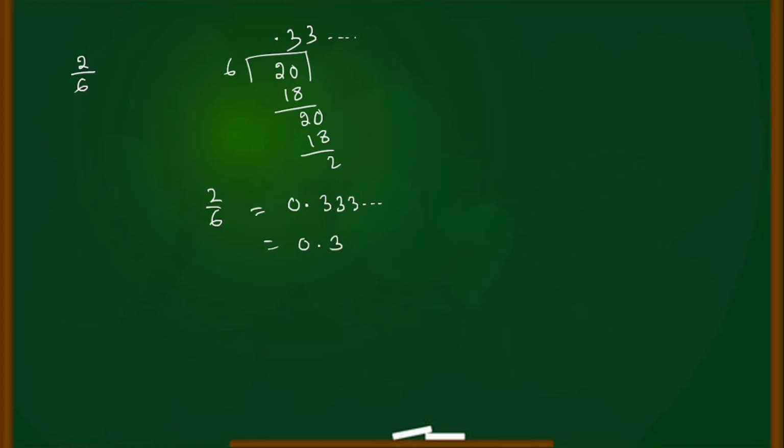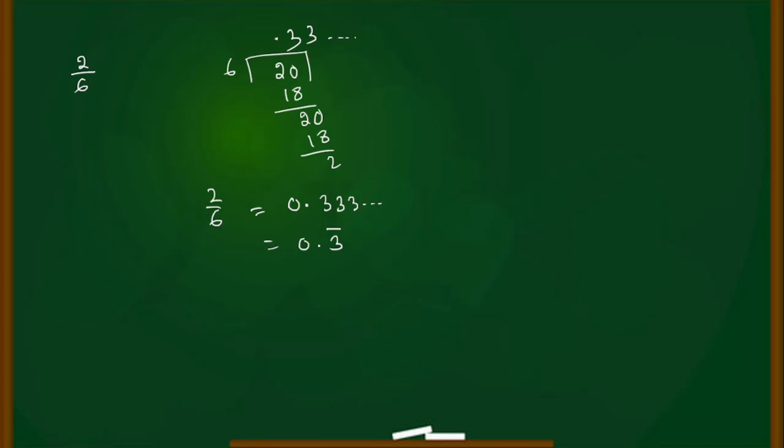Simply write 2, then 6, first put the point or decimal, that is 20, 6 3s are 18, again 2, 20, 6 3s are 18, again 2, meaning 3 will be repeated, so we can write 2 by 6 equal to 0.333 dot dot dot, or we can write 0.3 repeated, written a single time, then a bar. So the answer is 0.3 bar. Okay, all of you understand?